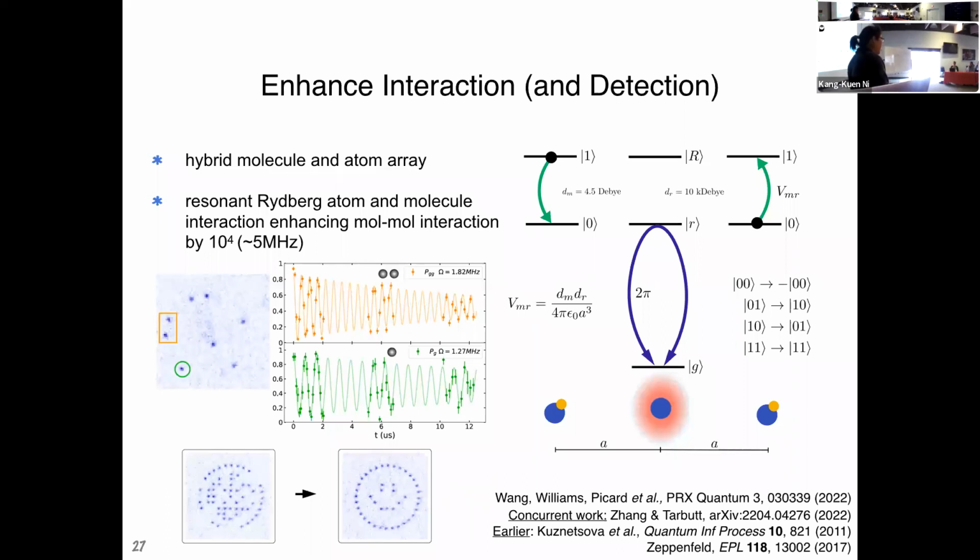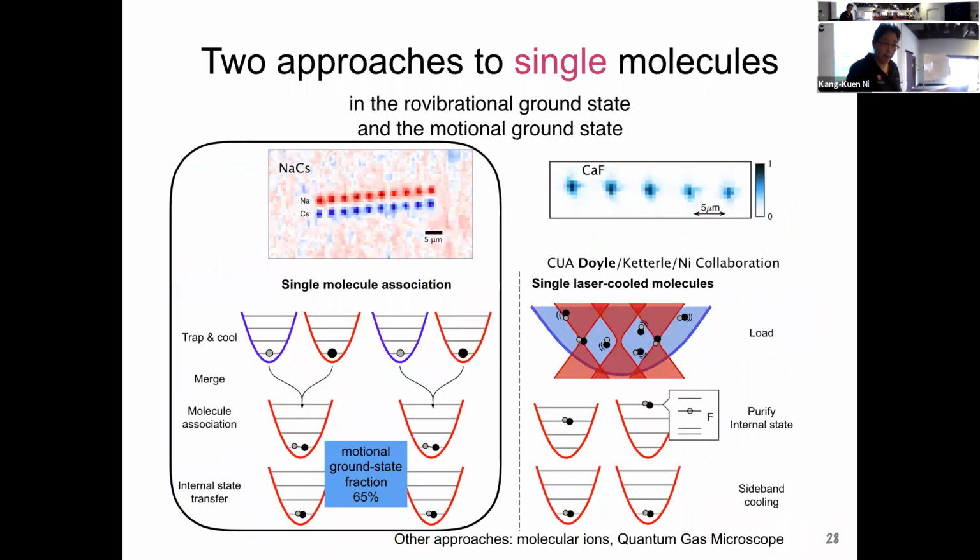So this could be a good way also for these kind of bialkali molecules, where we couldn't just directly scatter photons.